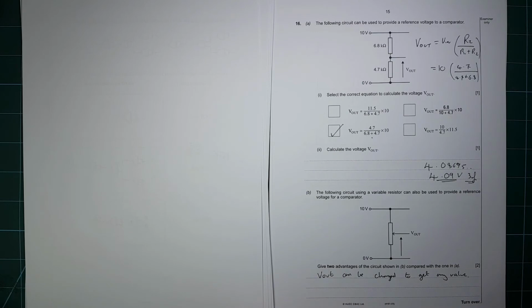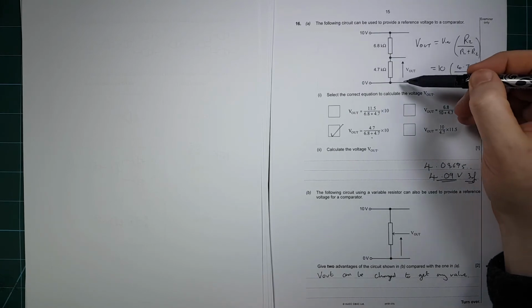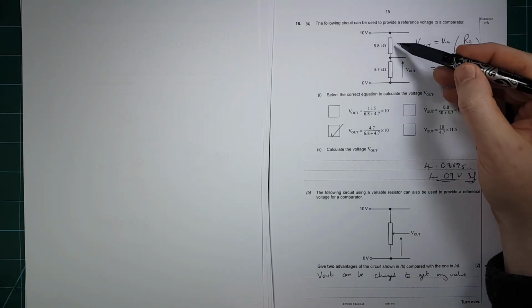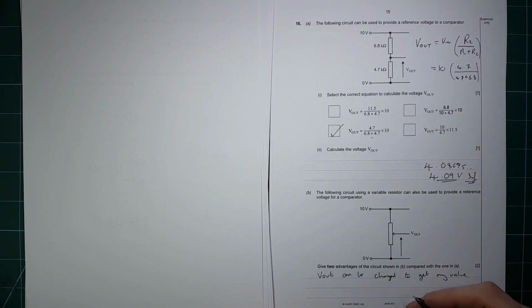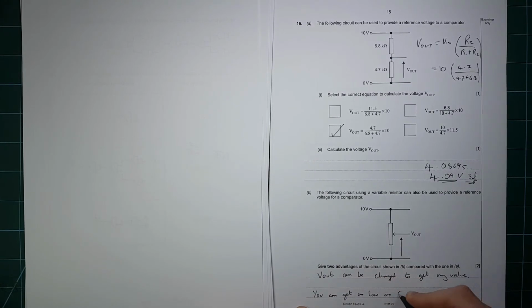I guess the other advantage is that maybe you can go as low as 0 and as high as 10, whereas this one you can't get as low as 0 or as high as 10. So you can get as low as 0 volts and as high as 10 volts.